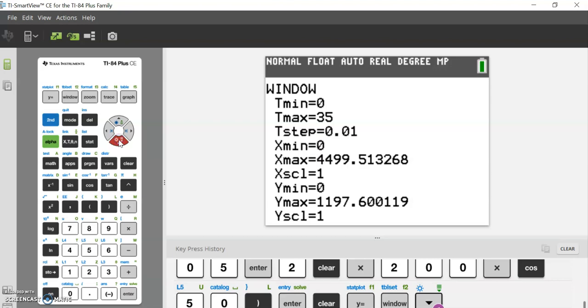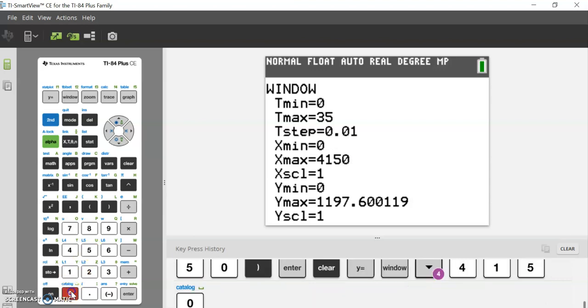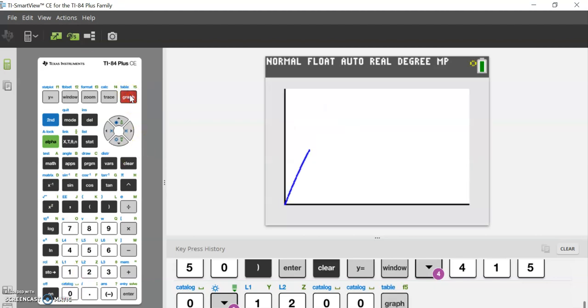For my x max, I just figured out that it went just over 4,000, so let's go 4,150. We know it doesn't go past that. And for our y max, we'll go like 1,200. Okay, so I'm going to set that up. Now I'm going to graph this and watch what happens.